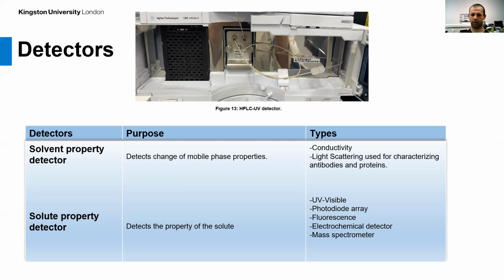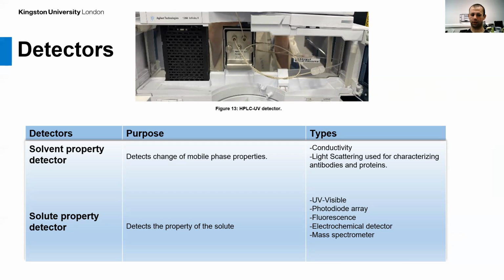The solvent property detector detects the change of mobile phase properties, while the solute property detector detects the property of the solute. There are different types of solvent property detector, including conductivity detector and light scattering detector. Light scattering detector is used for the characterization of antibodies and protein.